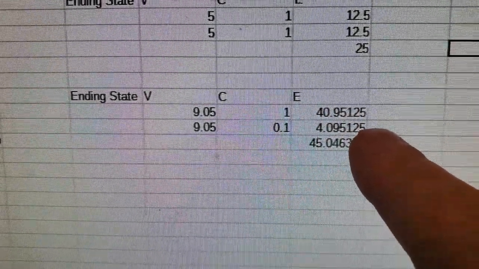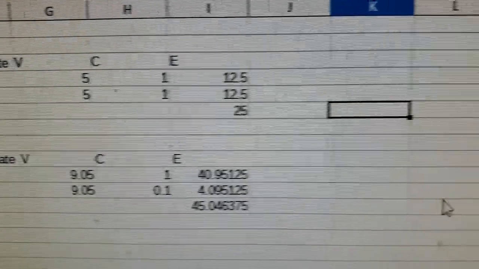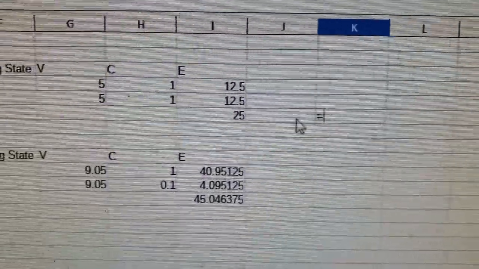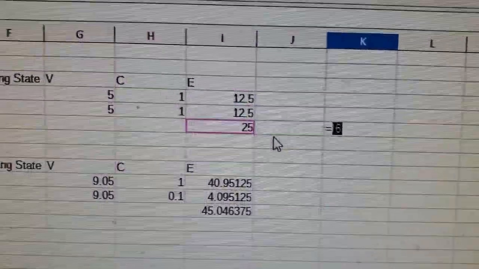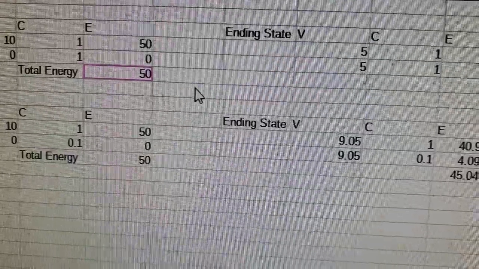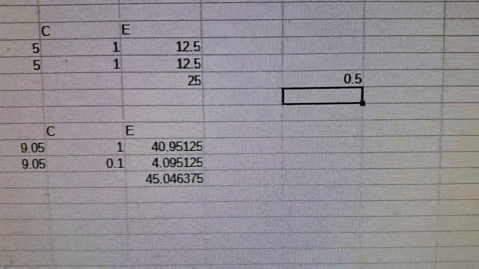That's the energy there. So let's go back here. When they were both the same size, it went 50 to 25. So let's just do this. 25 divided by 50 equals, we lost half the energy.